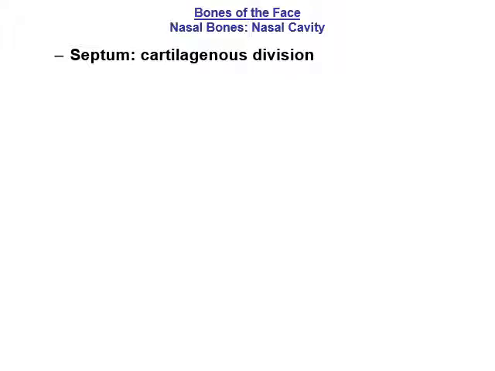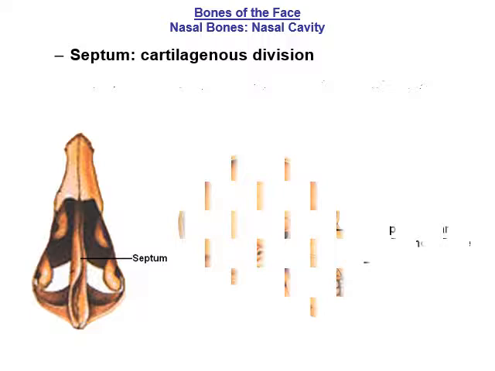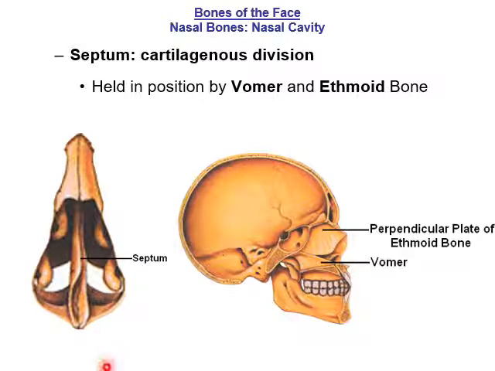So the septum is the cartilaginous division. The septum is not bone, so it is actually here. It would be here if this wasn't just a skeleton. It is cartilage, and so that decomposes, but it is held in position by the vomer and the ethmoid bone, the perpendicular plate of the ethmoid bone, to be precise.